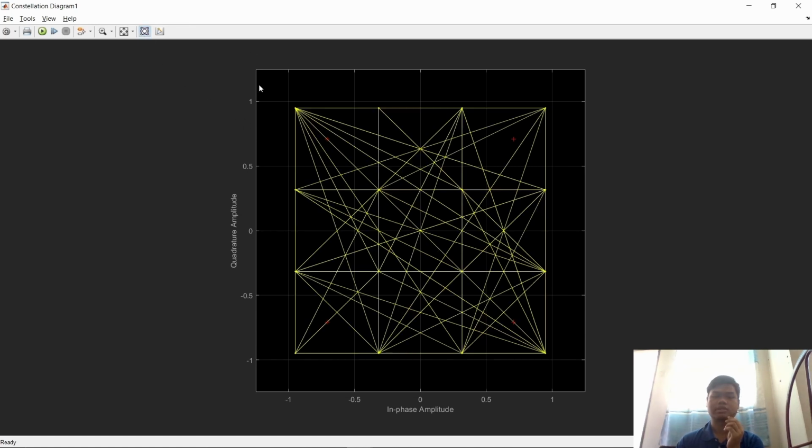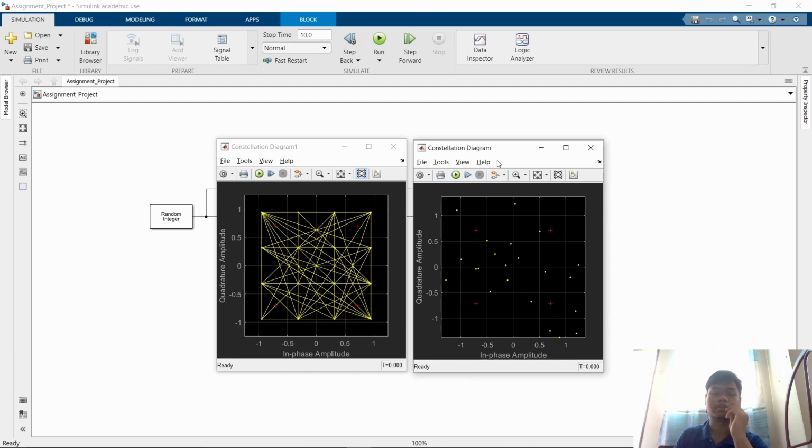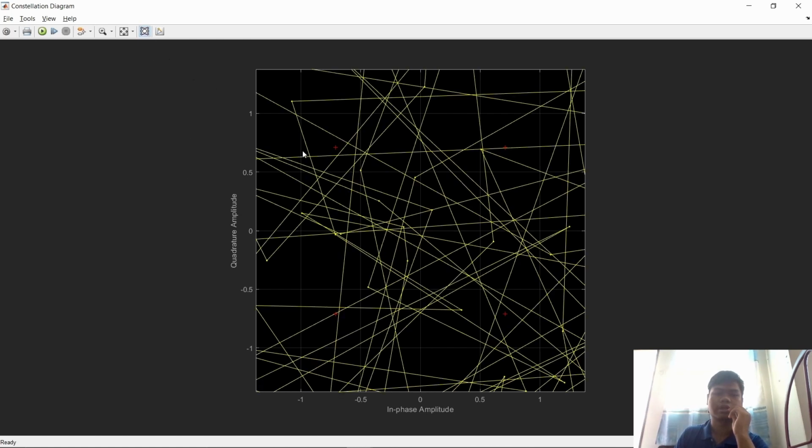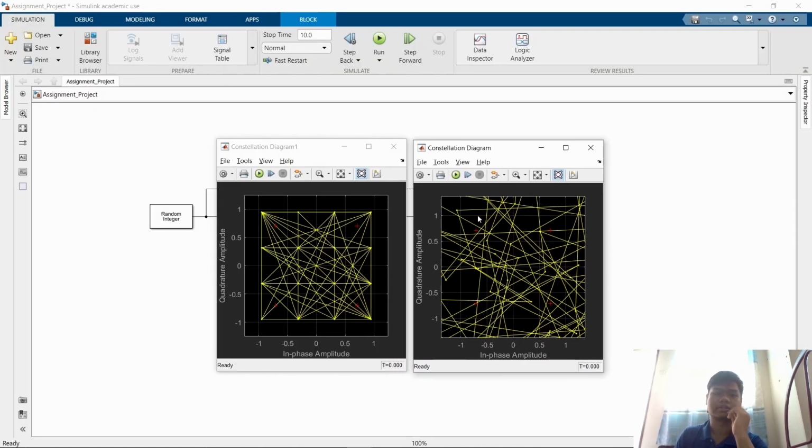This is the trajectory for the signal. For the second diagram, as you can see, the noise signal is more scattered than the previous one. Then if we press here, you can see the trajectory of the noise is more scattered.